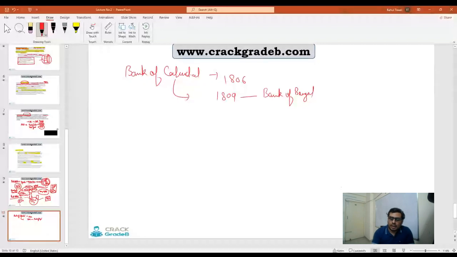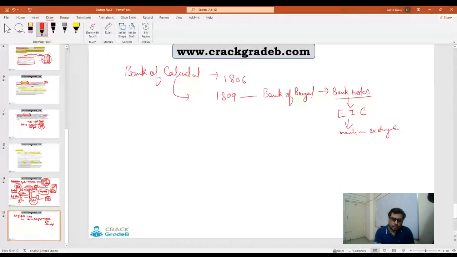And the Bank of Bengal had the power to issue banknotes, and these banknotes were accepted by the East India Company and its territory as a medium of exchange.